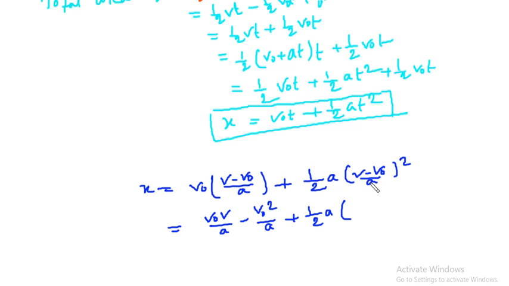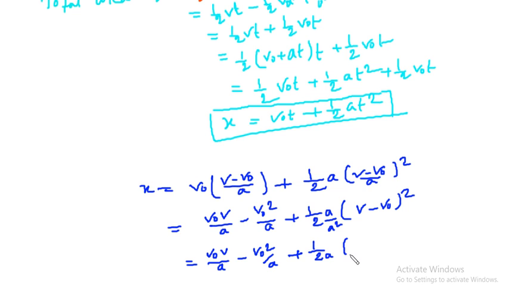Let me take this 1 by a square out, (V minus V0) whole square, equal to V0 V by a minus V0 square by a plus 1 by 2a. Let me write it 1 by 2a, (V square minus 2V V0 plus V0 square).